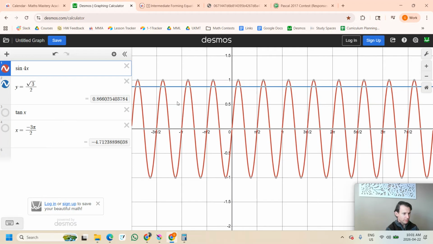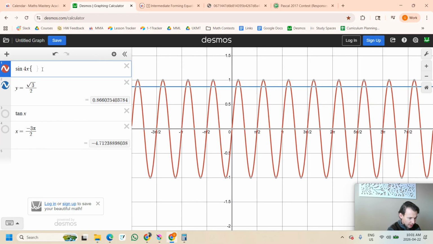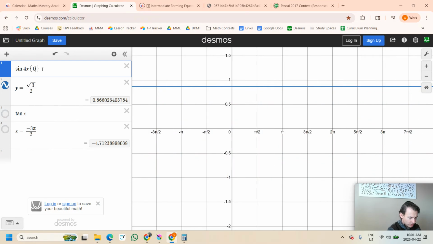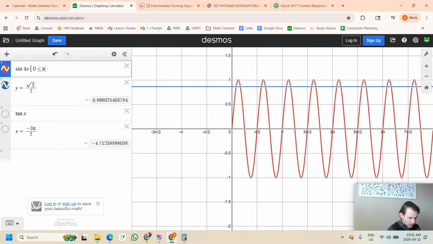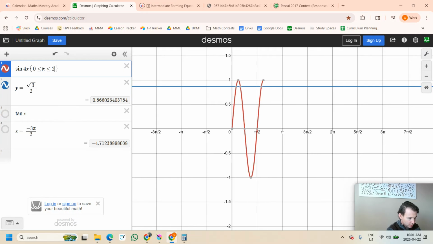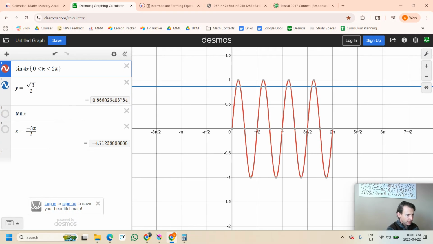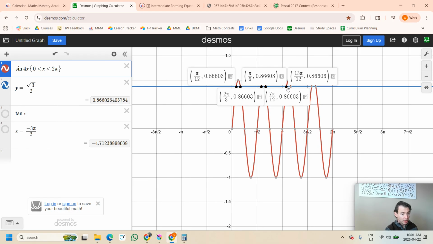Even if I limit my domain here, 0 is less than or equal to x is less than or equal to 2 pi, we're just seeing one period of sine x, but you see we get 4 periods of sine 4x. So instead of 2 solutions, we get lots more solutions.